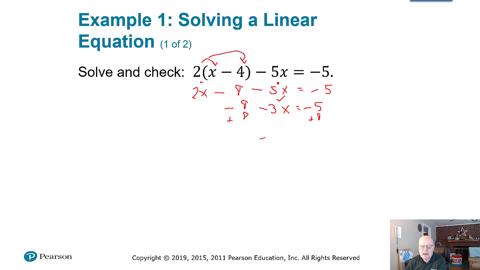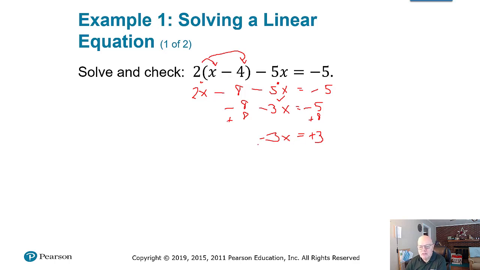That gives us -3x because the 8's are gone. And on this side, we'll combine those two. Remember, the 8 is bigger, so we subtract these two. Different signs, subtract. Get 3. Because the 8 is bigger, it gets this sign. So we get -3x equals +3.